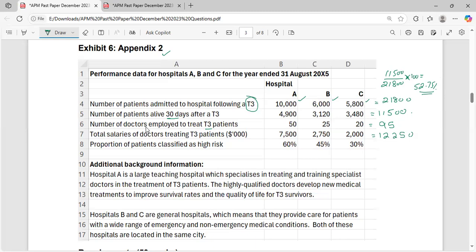Then we have the number of doctors employed to treat T3 patients. We have 95 doctors, and they served how many patients? 11,500.